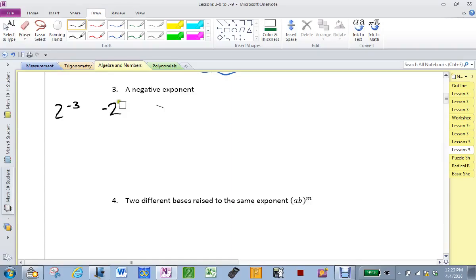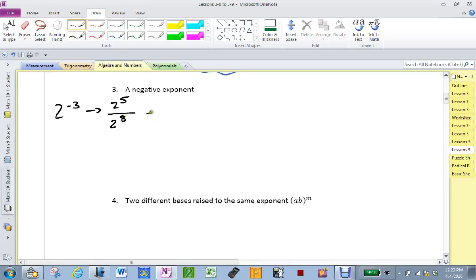So since it makes no sense, math guys had to come up with why it makes sense. Because it does indeed make sense. Okay? Here's how it works. 2 to the 5th divided by 2 to the 8th. Is everyone cool with that?